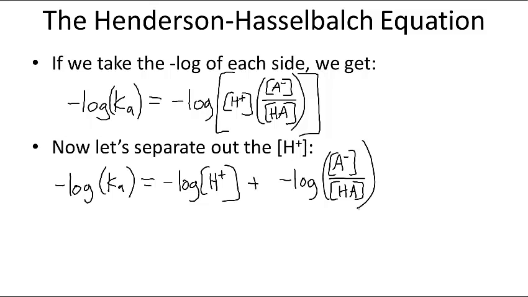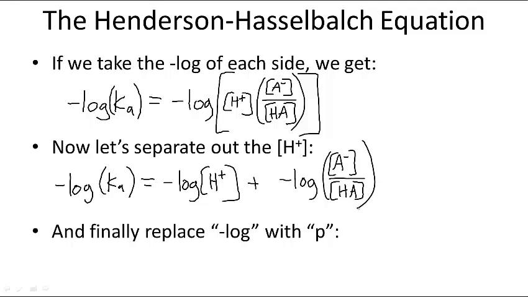Now we have different names for some of these things. Remember when we say negative log of something, how do we abbreviate that? P. So this becomes pKa equals pH minus the log of A minus over HA.